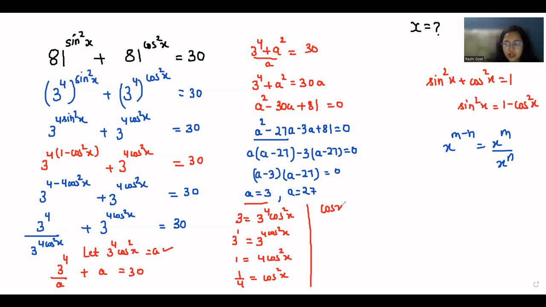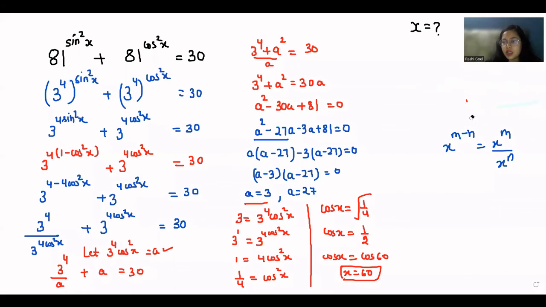So cos x is equal to square root of 1 by 4, so cos x is equal to 1 by 2. We do not accept the negative 1 by 2 because x is an angle here and angle cannot be negative. So the value of negative 1 by 2 is rejected. So cos x is equal to 1 by 2, which is cos 60. So x is equal to 60.